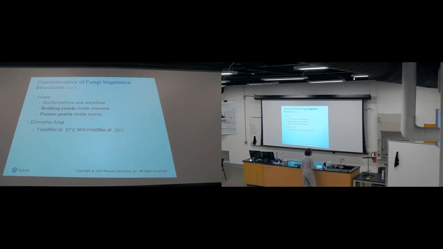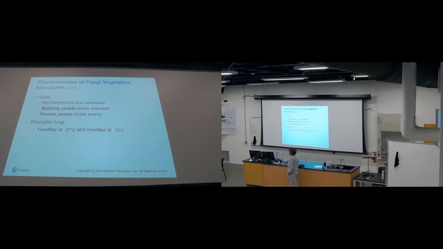And then another form of fungi is yeast. Yeast are non-filamentous, so they don't have hyphae, and they are unicellular. Hyphae can be fragmented or non-fragmented. In the case of yeast, we have budding yeast that divides unevenly, or fission yeast that divides evenly.